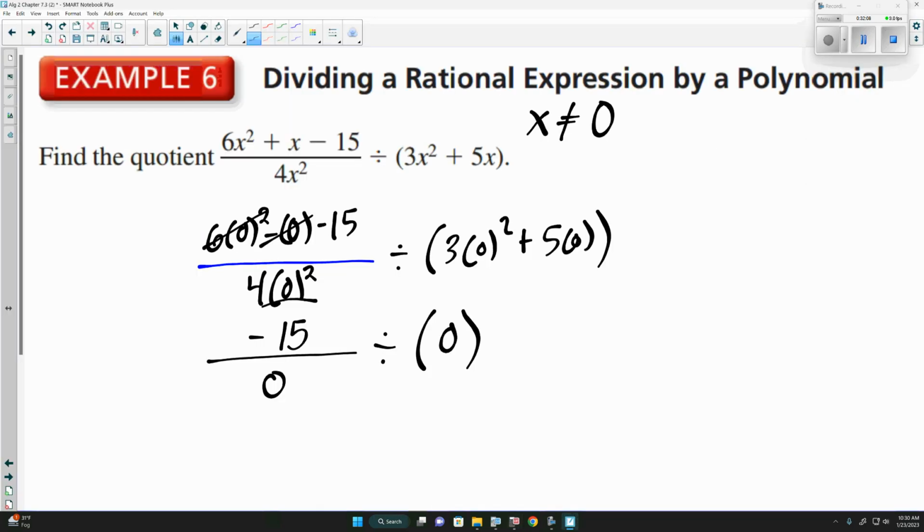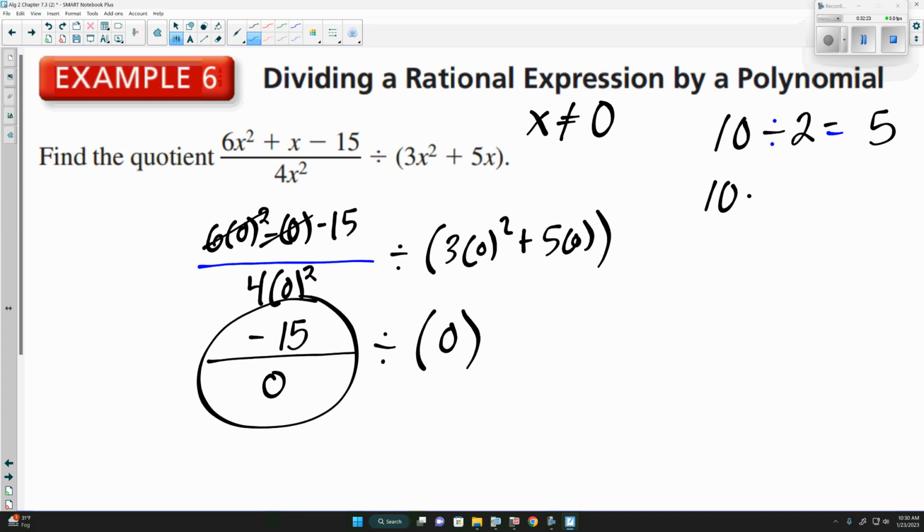Now, division is essentially glorified subtraction. So if we said 10 divided by 2, we know what 10 divided by 2 is, yes? It is 5. So if I subtract 2 from 10, I get 8.